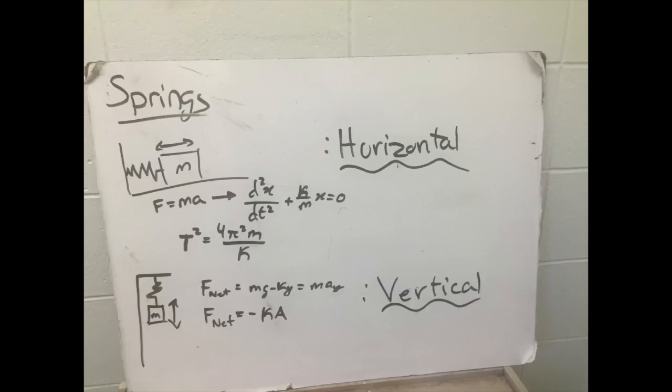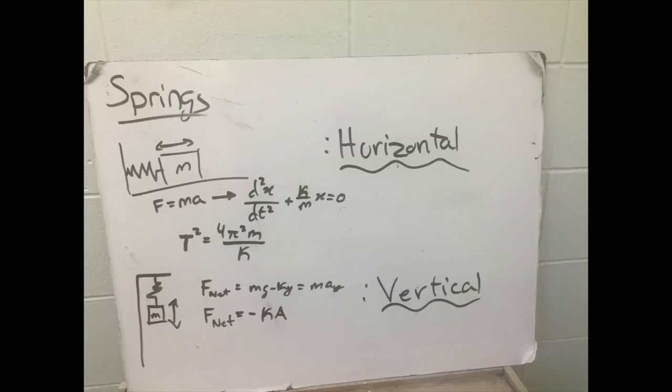And with that, we know the general form is d squared x over dt squared plus k over m x equals 0. We derive that from force equals mass times acceleration. But what we can find is, by using the equation we got of x of t, so the distance equals a cosine of omega t plus phi, we can solve through and we'll get that the period squared equals 4 pi squared m over k.